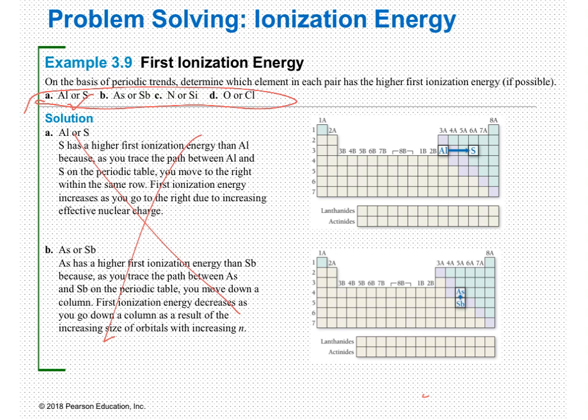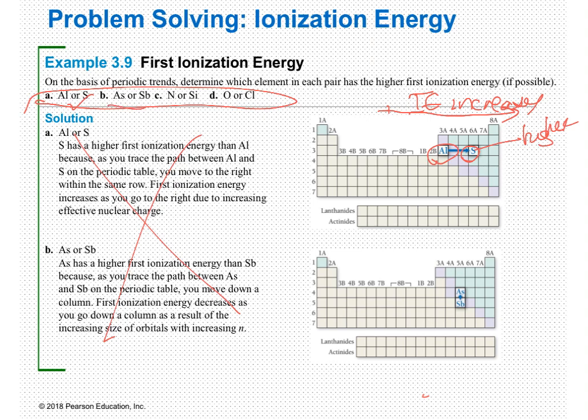All right. For A, comparing aluminum and sulfur, they are on the same period. So you have to remember the trend for ionization energy. As you go left to right, ionization energy increases, which means that sulfur should have a higher ionization energy than aluminum.